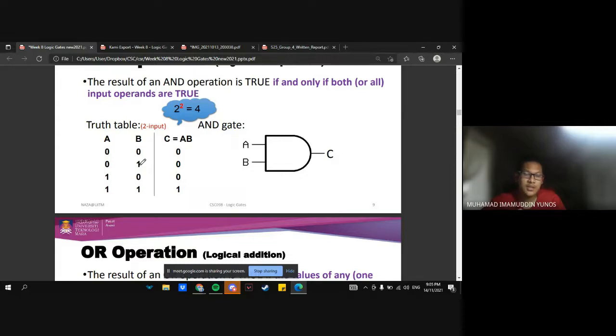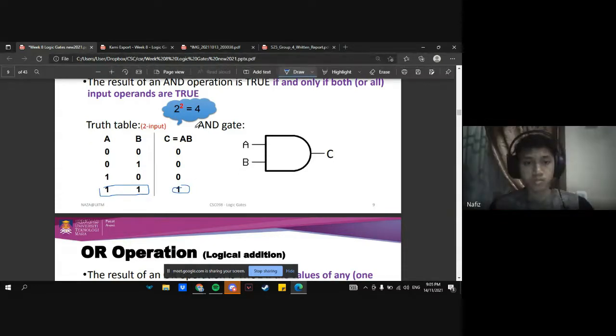When B is 1 while A is 0, the output is 0. When A is 1 while B is 0, the output is 0. And when both of them are 1, the output is 1. This is the AND gate.